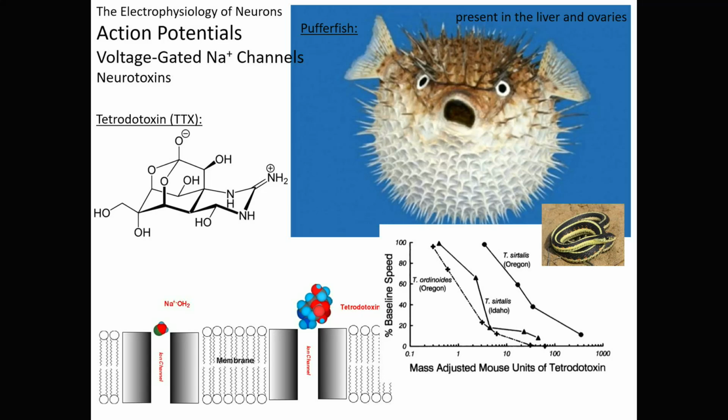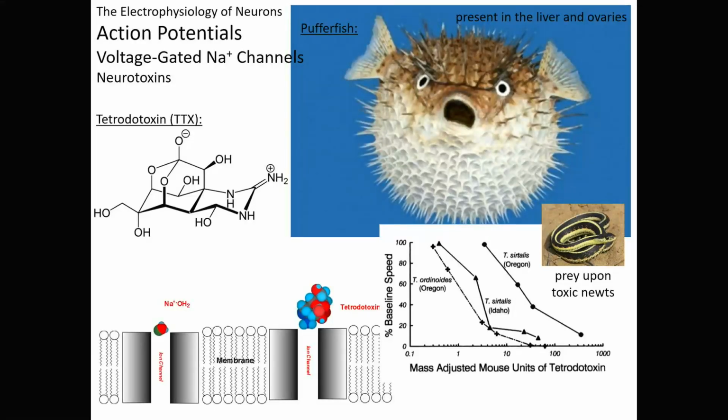And you can see that for T. sertalis, there are two different populations, one from Idaho, one from Oregon. It turns out that the T. sertalis snakes that live in Oregon basically eat newts that make tetrodotoxin. And so obviously when biologists discovered that there were these snakes eating these tetrodotoxin-laced newts, they were like, well, how are they able to do this, right? Why aren't they dying as a result?